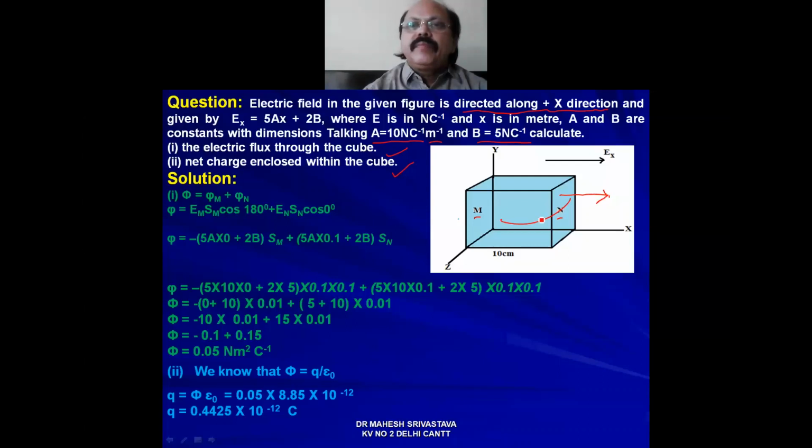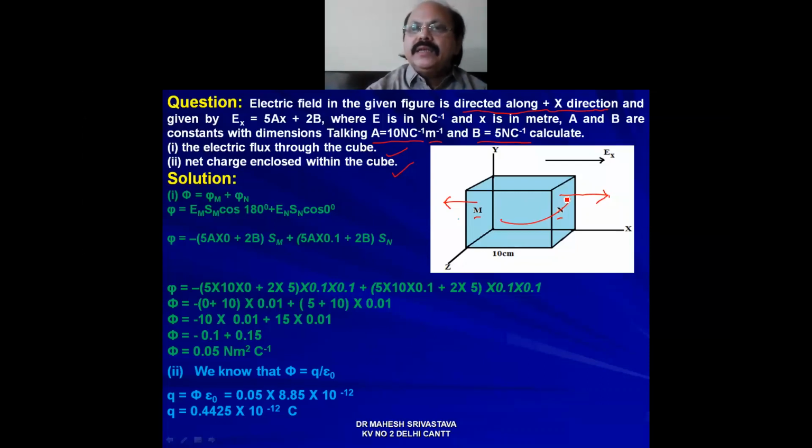But in case of surface M, the normal drawn outward makes an angle of 180 degrees between the area vector for surface M and the electric field. Whereas for surface N, the angle between the area vector and the electric field is 0 because both are in the same direction.